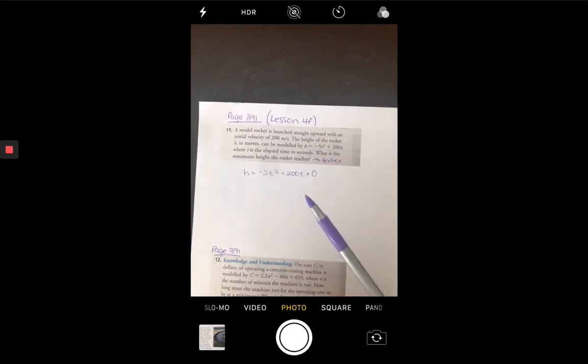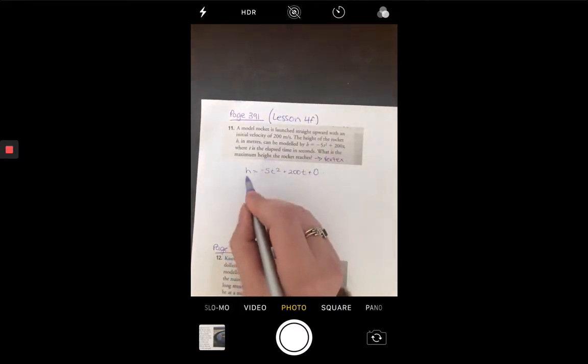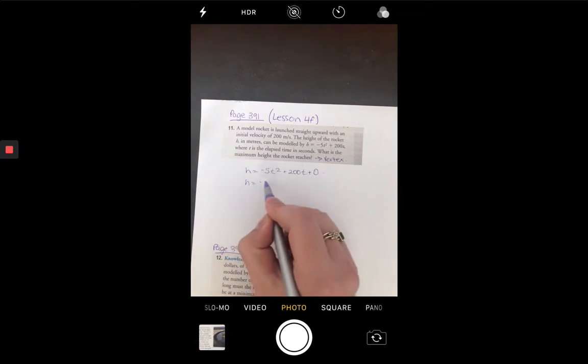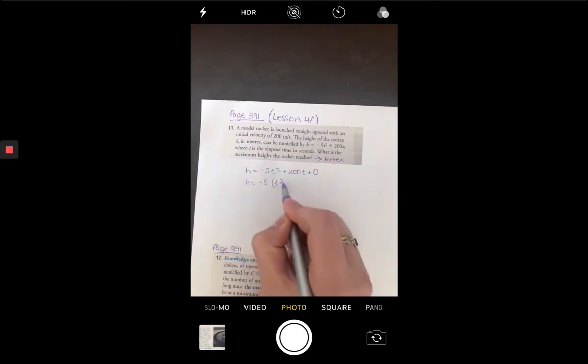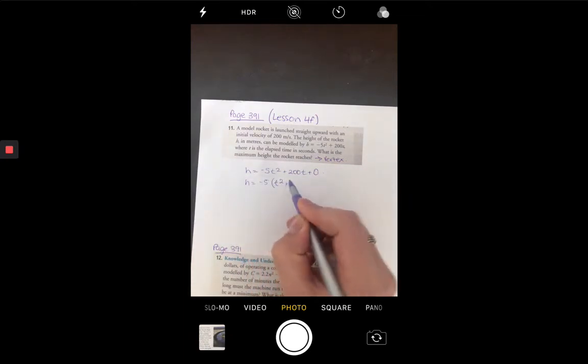And to do that, we complete the square. So let's go about doing that. We're going to take out our factor of negative 5 here, minus 40t.